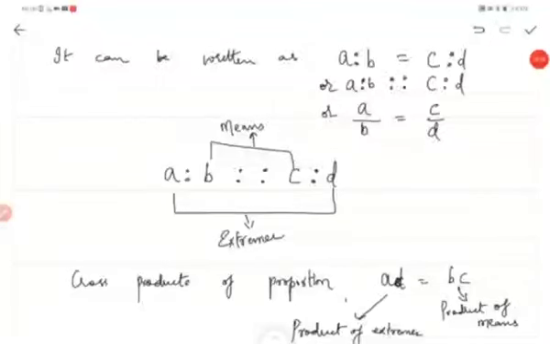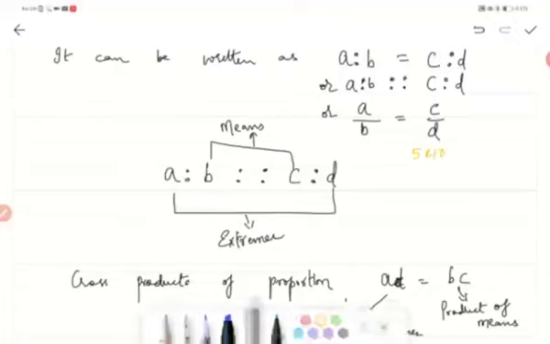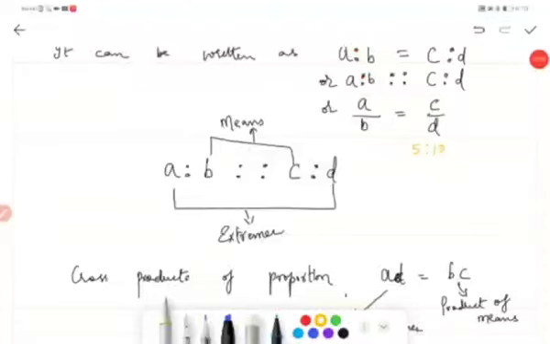Let me take one more example. In the previous video I told you an example: I have 5 rupees and you have 10 rupees, and I can represent the ratio of them as 5:10. Now I take two other persons who have rupees 15 and rupees 30.